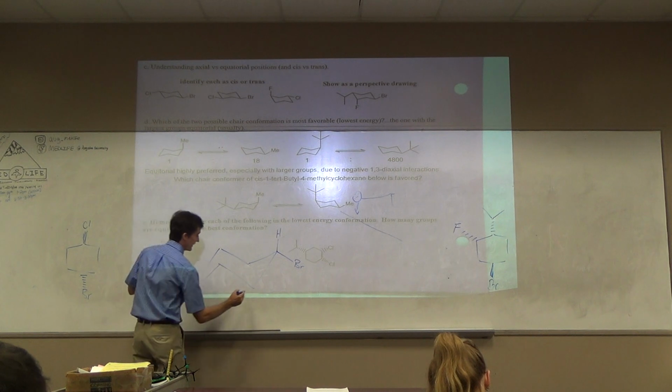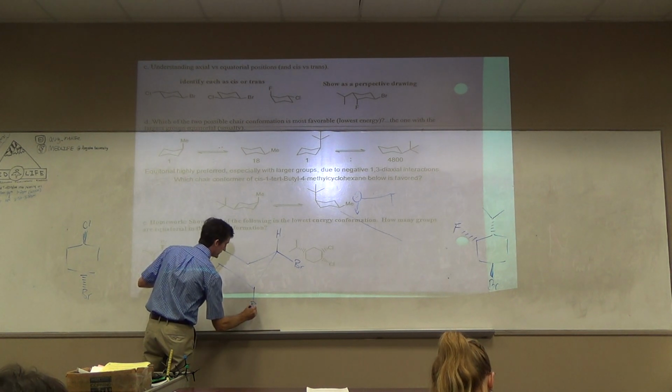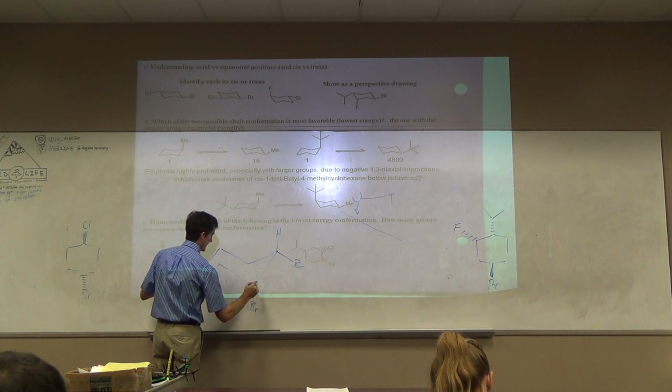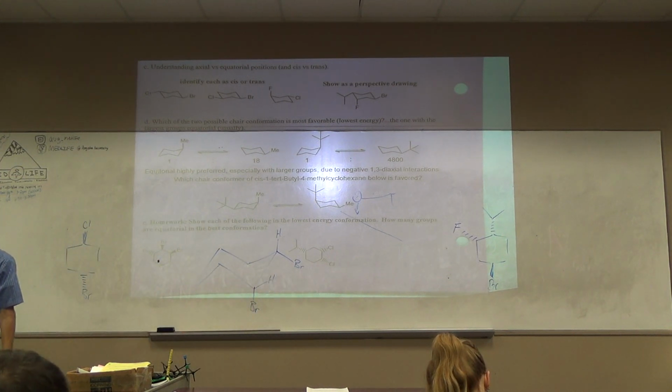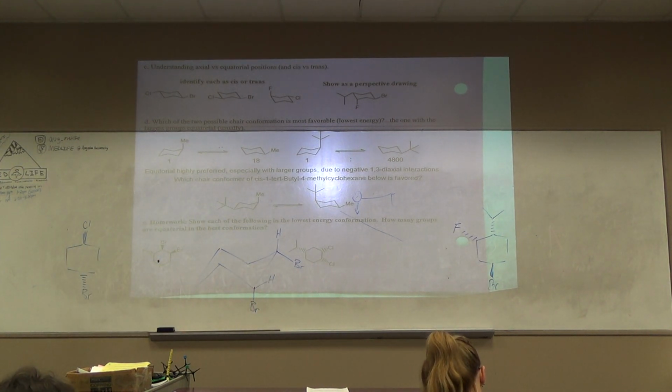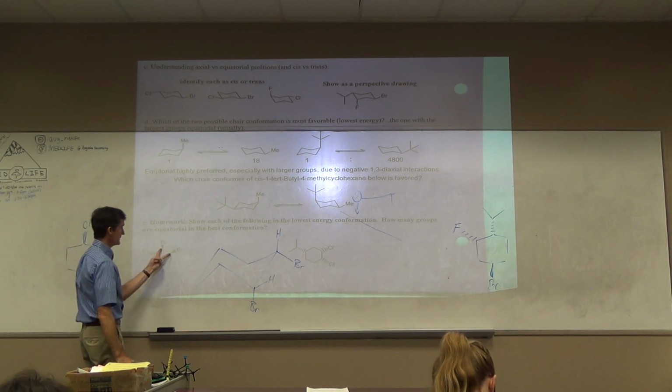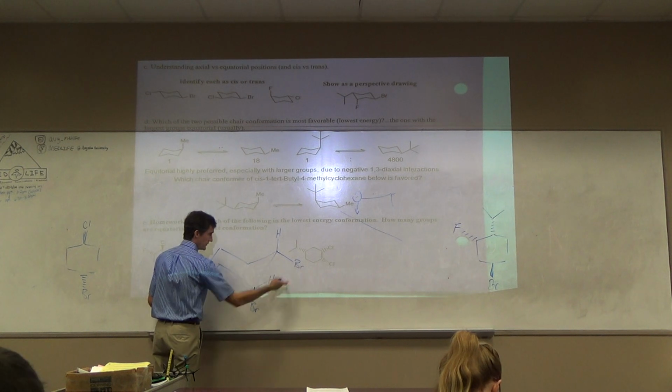Well, it's cis, and that should be like this, right? Aren't those cis? Both down compared to the H? Yeah, they're supposed to be cis. They're cis. If that one's equatorial, that one's axial.